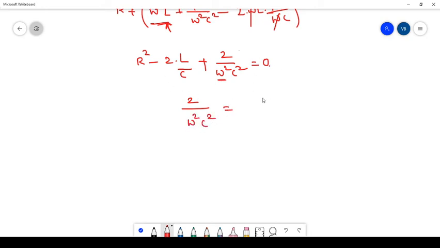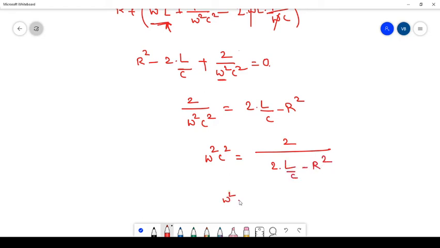So this term will go that side, that is 2 into L by C minus R square. I need to calculate omega square C square, so 2 by 2 into L by C minus R square. So omega square equals to 2 by, C square by C, that is one C will cancel out, you get 2 LC minus R square C square.